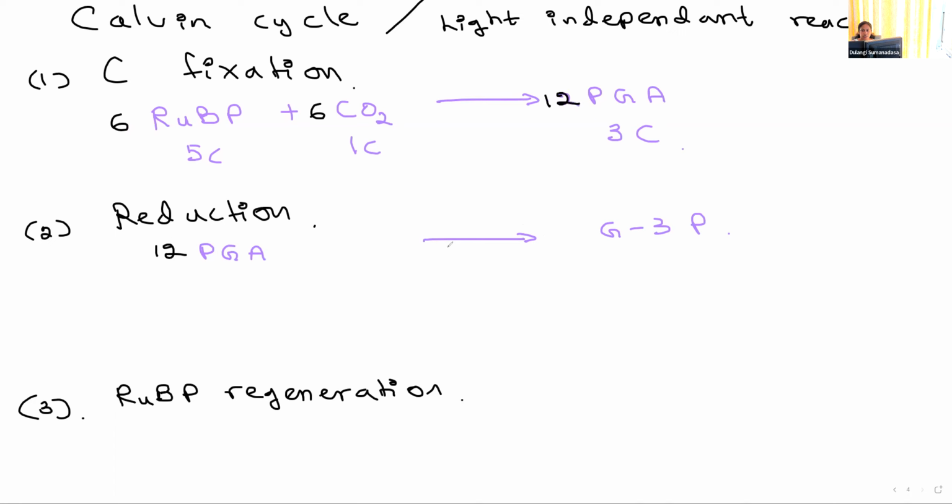So 12 PGA, converting into 12 G3P. And out of 12 G3Ps, we are taking 2 of them to produce glucose. Right?